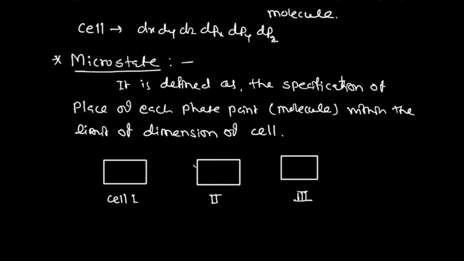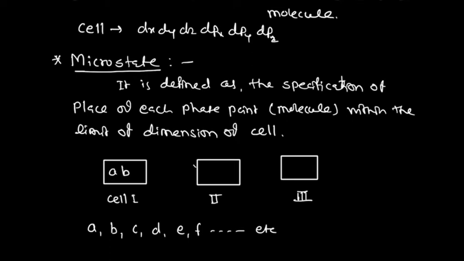Each phase point is identified as A, B, C, D, E, F, and so on. These are the number of phase points. Those phase points are placed in particular cells.